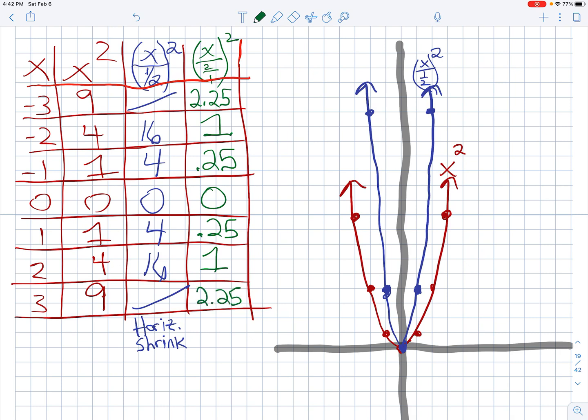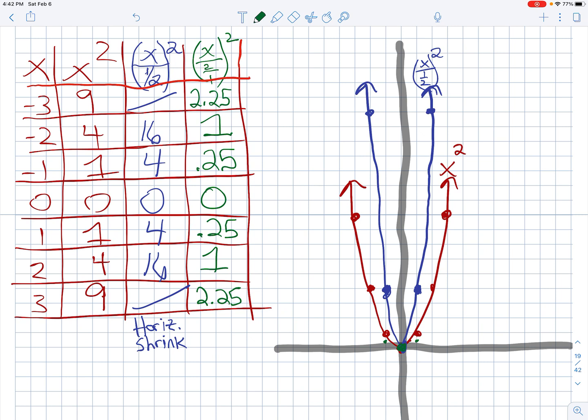Then we get 0, and you probably see it now: 0.25 when x is 1, 1 when x is 2, and 2.25 when x is 3.